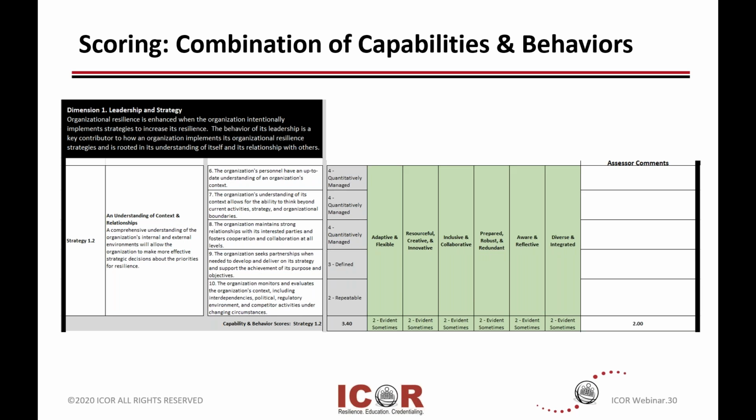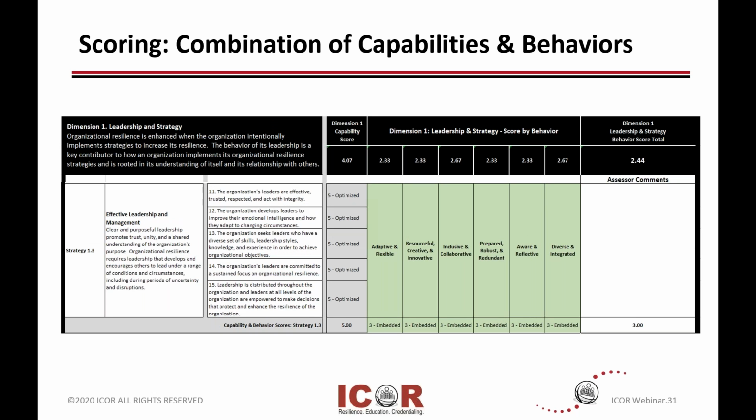Then moving on to strategy 2, understanding your context. I keep saying the wrong thing, looking at your capability of understanding of context and relationships. You've got the 5 strategies there, and again, you can score those both by your capabilities as well as your behavior scores. And then lastly, when you finish a dimension, you get a score for that dimension.